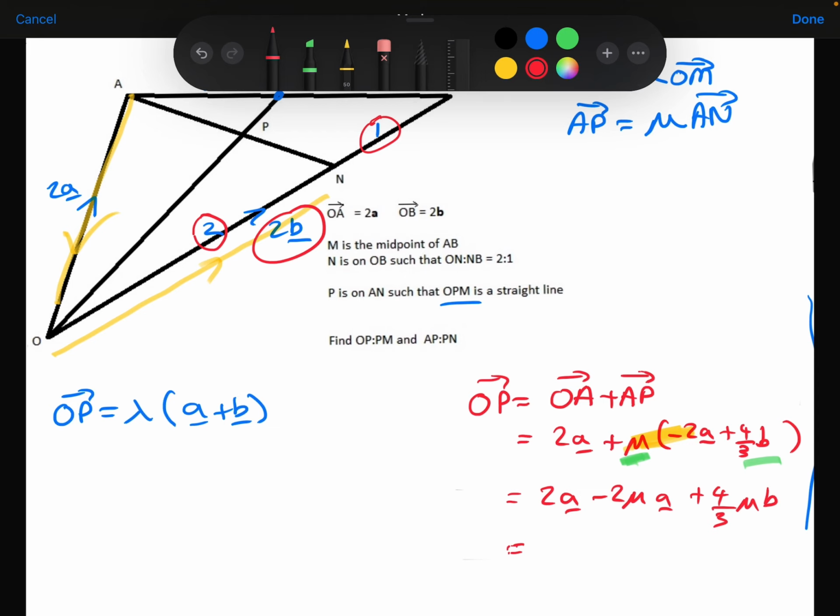Now I can simplify this a little bit because I've got an a here and an a here, so I can factorise that out to get 2 minus 2 mu a plus 4/3 mu b.